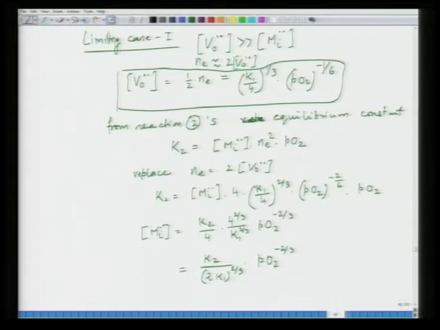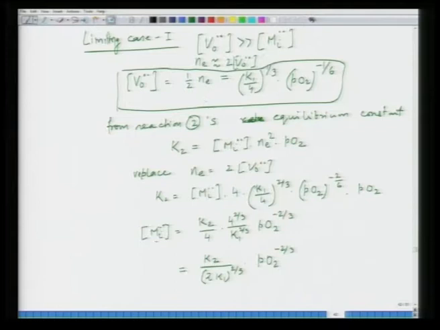Case 1, when oxygen vacancy concentration is much larger than metal interstitial concentration. In such a case we worked out what is the concentration of VO, and since VO is much larger than MI, the electron concentration is now determined by VO concentration.